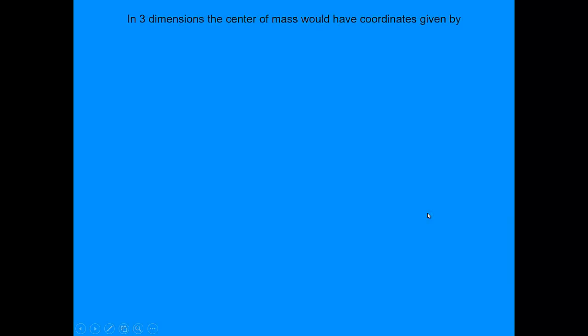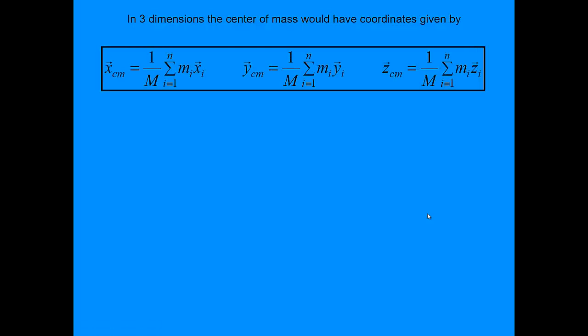Now, if we had 3 dimensions, we just have to use 3 of these equations. There is one position of the center of mass in a 3-dimensional system of particles. It would have an x position, a y position, and a z position. So we already talked about the x, the horizontal. The y is 1 over the total mass times the sum from i equals 1 to n of all of the mi yi's.